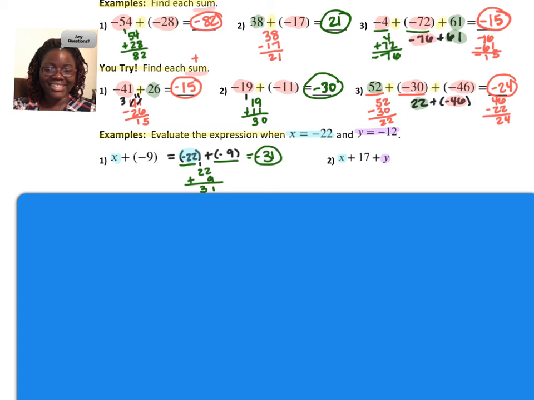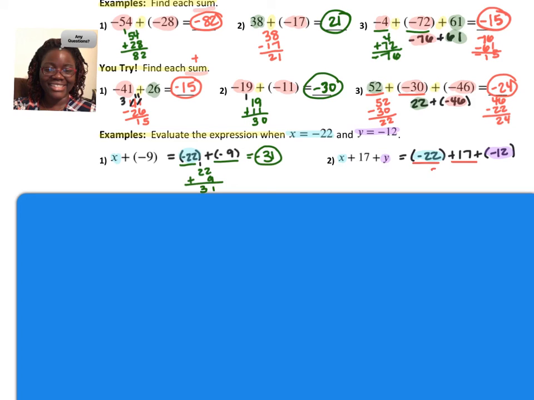Looking at example 2, we have to plug in for 2 different variables, x and y. We're careful to make sure that we're replacing x with the -22 and y with the -12. And so now we have 3 numbers that are being added. We take the first 2 numbers and see if we're adding two numbers with the same sign or different signs. We notice that they are different. One of them is negative, the other one is positive.